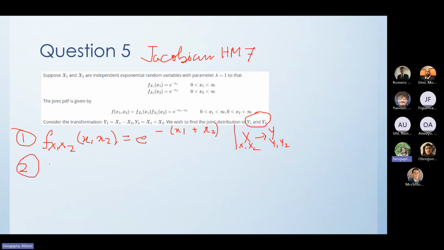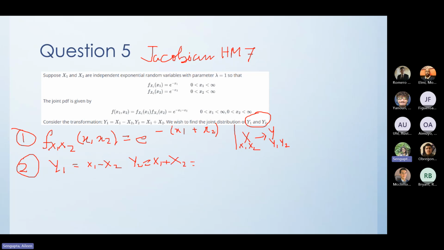So step 2 is basically you have y1 equals x1 minus x2. And then you have y2, which is x1 plus x2, okay? So these are the 2 types of problems you have.